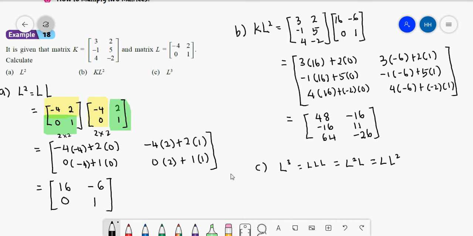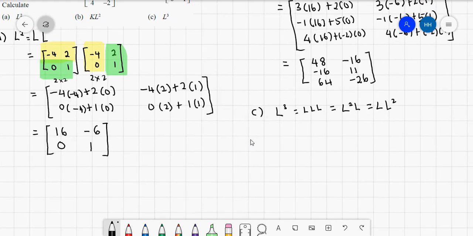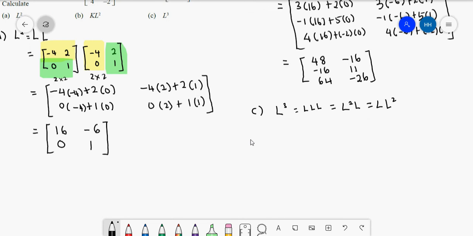Because you already know L square, so you can straight away write L square, L or L and then L square. So I choose this. It is L square, so I put L square first. 16, I take this from question A. The answer for question A is L square, and then I rewrite L.